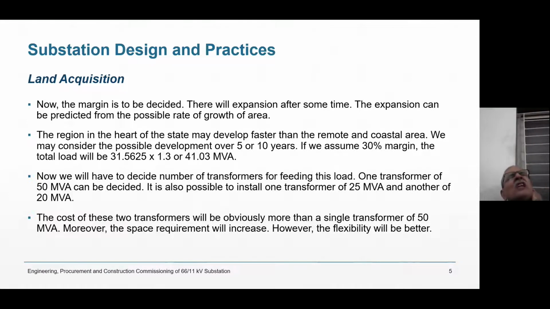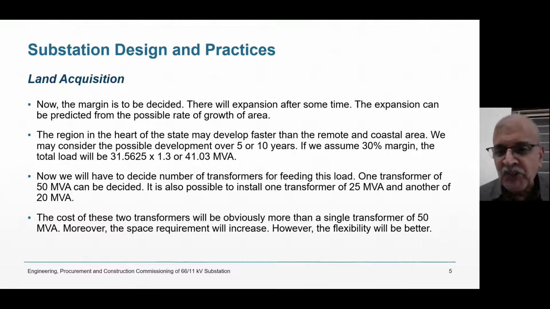Now 41 is not standard. There are certain standard ratings of a power transformer. So 45 MVA or 50 MVA is standard. I may have a single transformer of 50 MVA, and then I'll be able to cater. But the problem is, if there is a fault in that 50 MVA transformer, I'm losing the complete load on the substation.